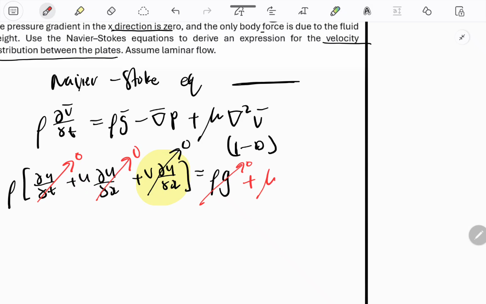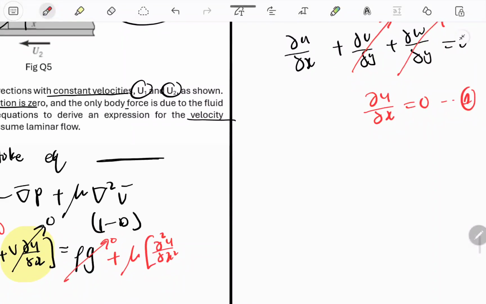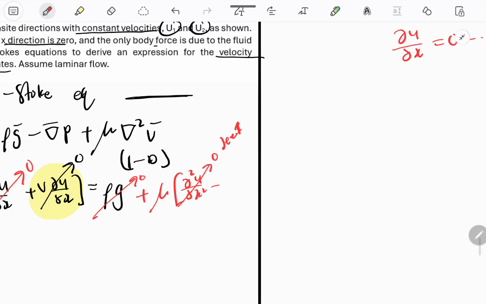So I think the main trick here is explaining why every term disappears, right? Then first is going to be d squared u over dx squared. If du dx is 0, that means this one will die again. So this one is equal to 0, per 1. Go and check what I said at 1. Then plus d squared u over dy squared.